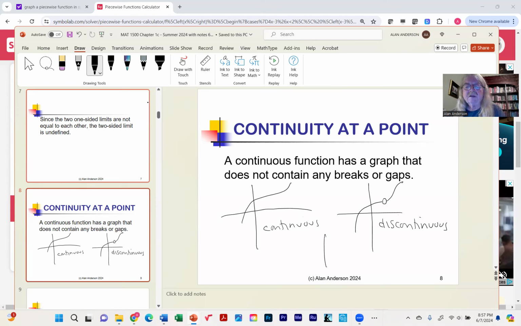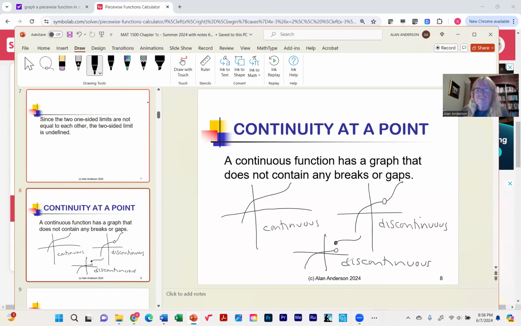And sometimes you see something like this going on. Oh, wow, look at that. It's not just a hole, but there's an actual gap there. So in other words, there's different ways a function can be discontinuous. There's only one way to be continuous, but there's different ways of being discontinuous.